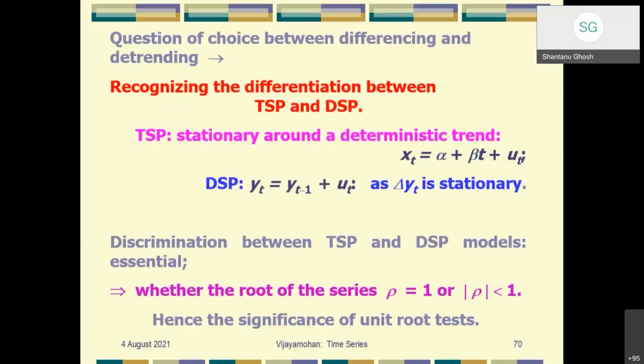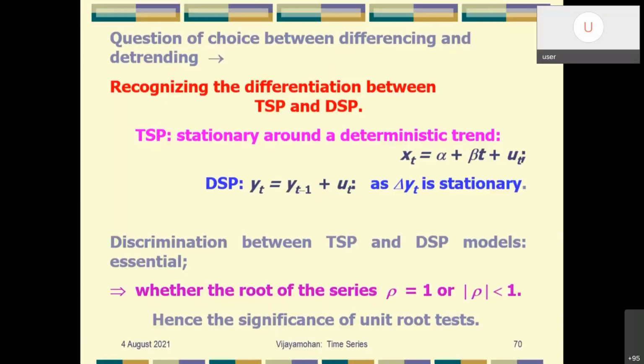See, as I told you earlier, most of the tests are with very low power. Unfortunately, the tests that you cited are not available in any package. But to some extent, the KPSS is a test with the null hypothesis of stationarity. In all other cases, we have the null hypothesis of non-stationarity, unit root.